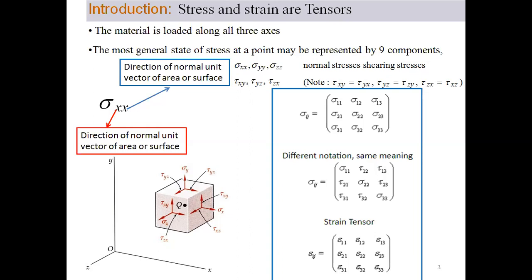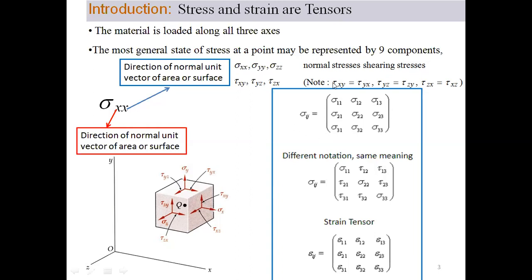Similarly, it also depends upon the coordinate frame. Sometimes we would choose the coordinate frame such that some of these components would become 0. So sometimes they would appear and sometimes they would be 0. So it depends upon loading and the orientation of this coordinate frame.